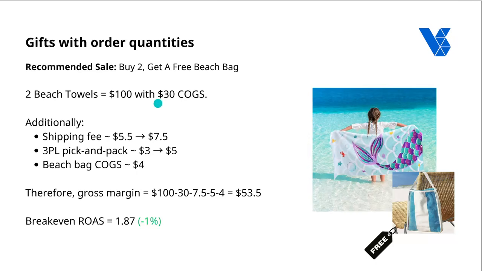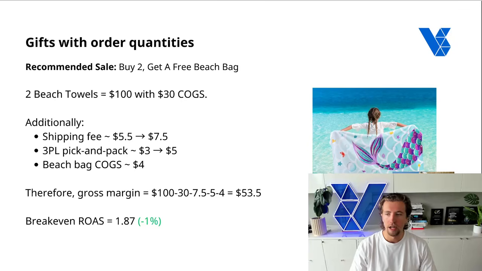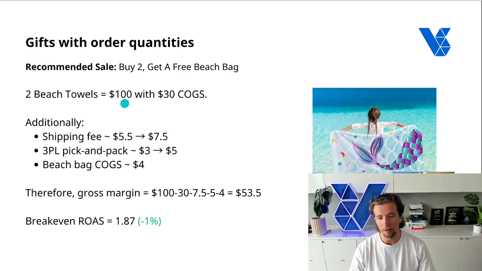The added benefit here is that you can frame this offering however you would really like. You can change and match the front end messaging or the on page offer to really whatever. And what I mean by that is that you can say that the beach bag is worth $30, $40, and then you could change the entire offering and messaging here to this is a $140 package that's been discounted to $100.